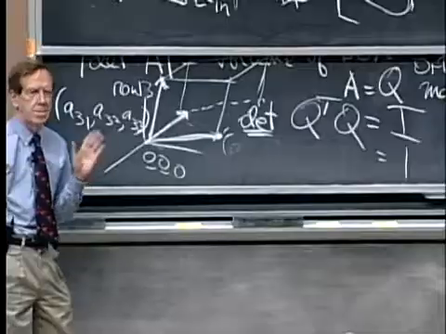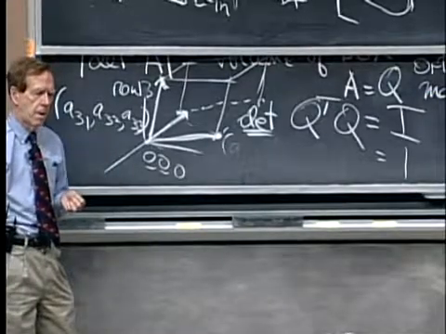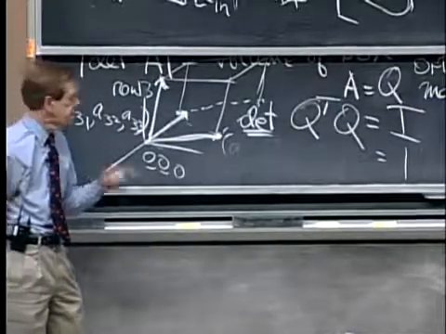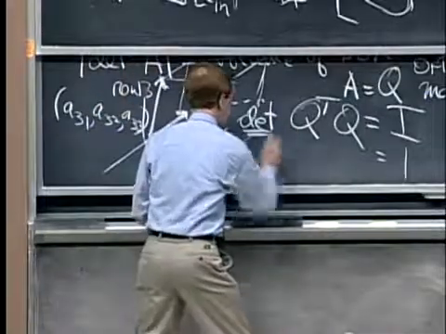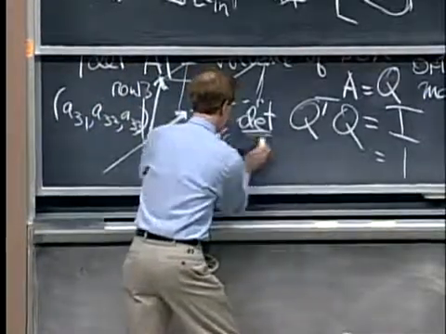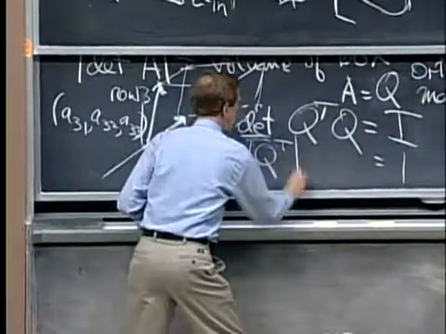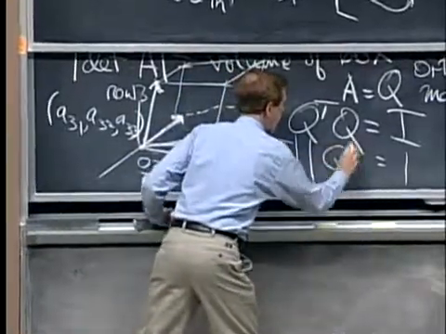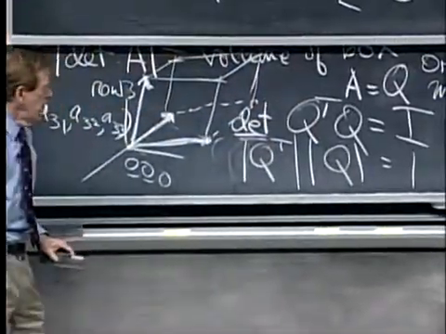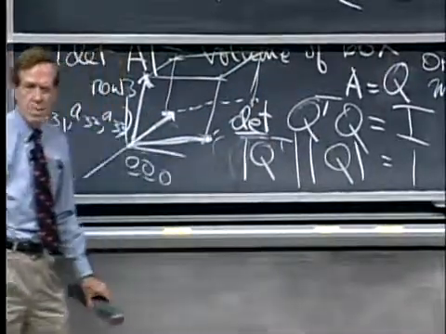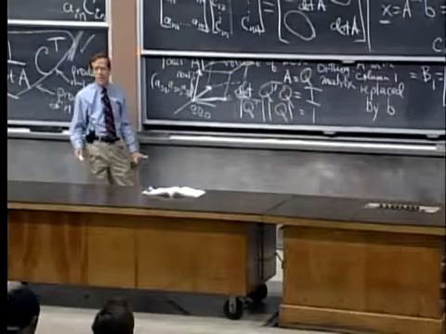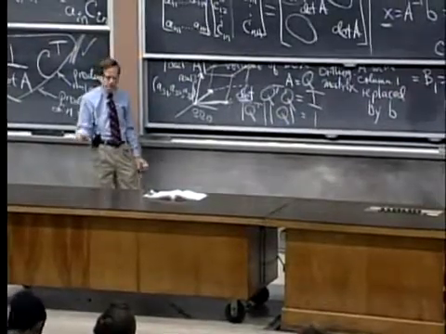Rule 9 is paying off now. The determinant of a product is the determinant of this guy times the determinant of the other guy. And then what's the determinant of Q transpose? It's the same as the determinant of Q. Rule 10 pays off.